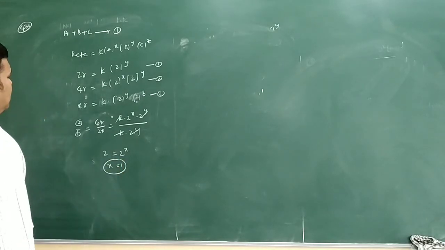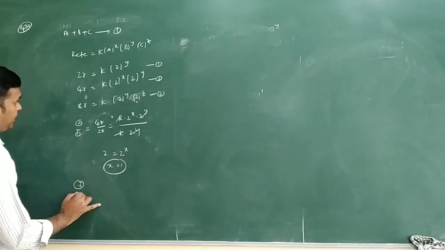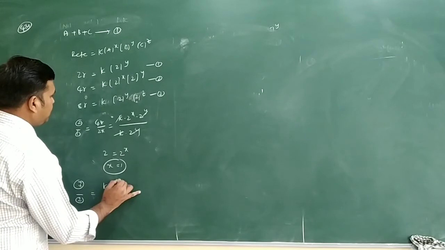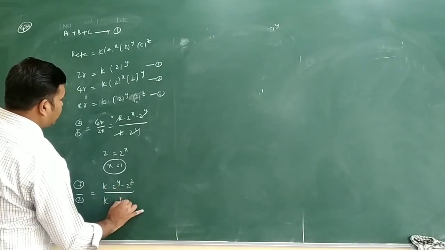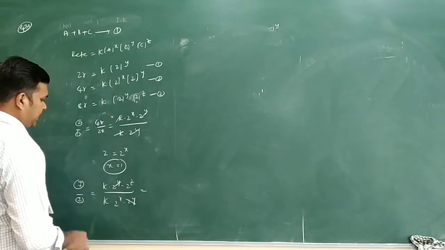Next, if you take 3 by 2, what will you get? This is k into 2 power y into 2 power z by k into 2 power x into 2 power y. 2 power y and 2 power y cancel, k and k cancel.